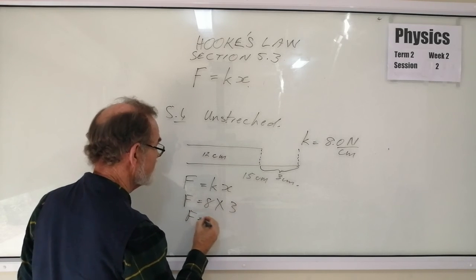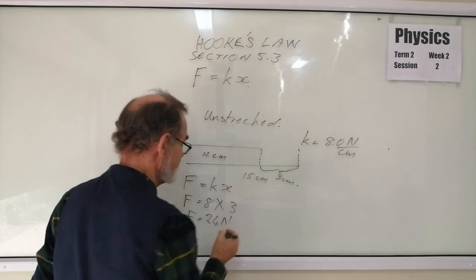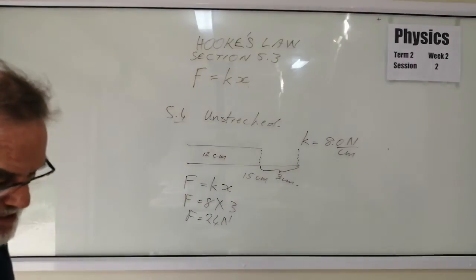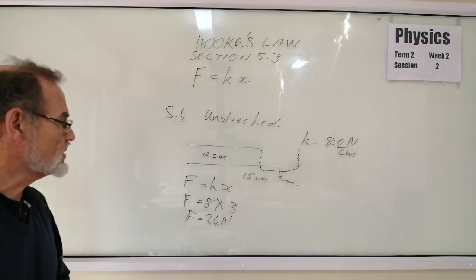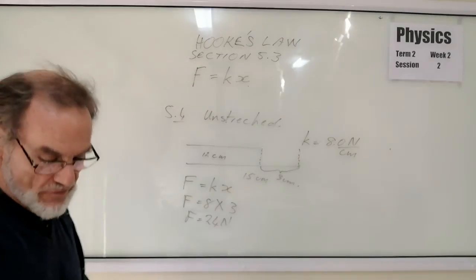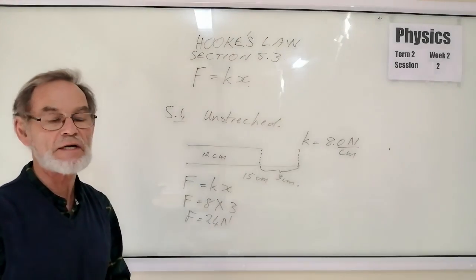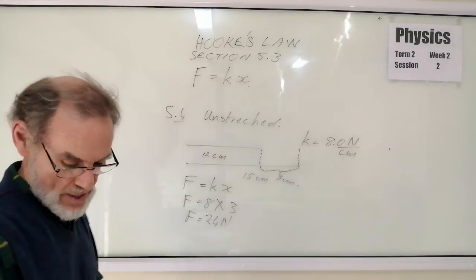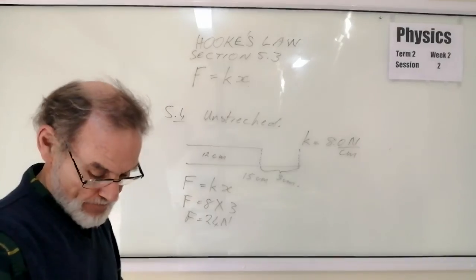Therefore, the load is equal to 8 times 3, which is 24 newtons. Very easy, not difficult. And now you can do question 5.5 at the end of this section, and then go to the end of chapter in the course book and do questions 2, 6 and 7. Thank you.